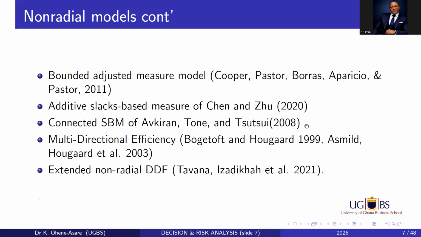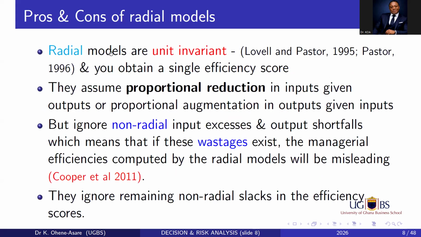These models are necessary. These models are what you're going to be using. Today, we are going to look at one of these non-radial models. Why are they necessary? Because the radial models, even though they are good, and we say they are good because radial models are unit invariant, they don't depend on the unit of measurement.